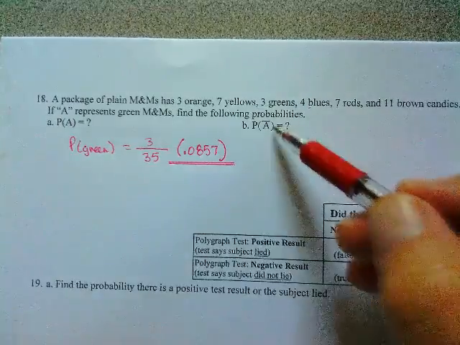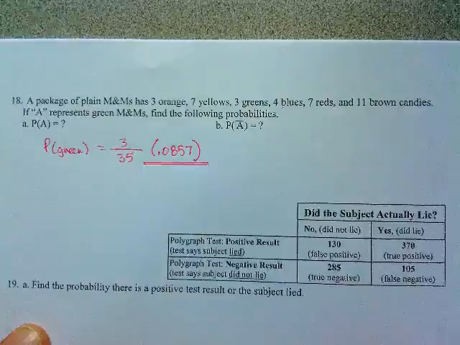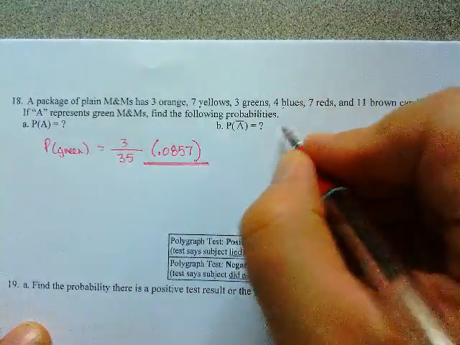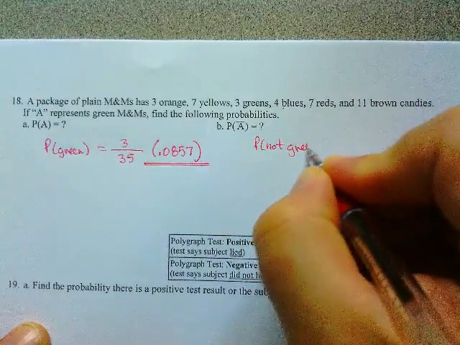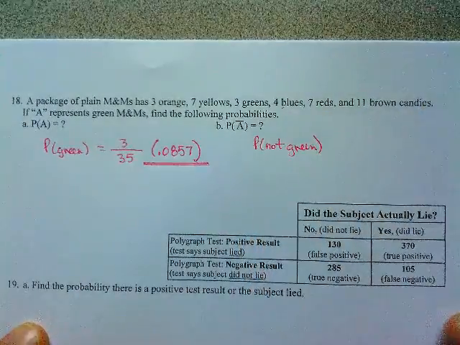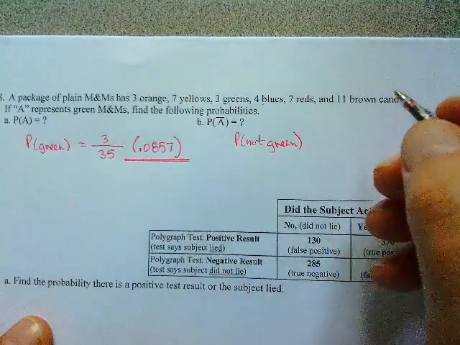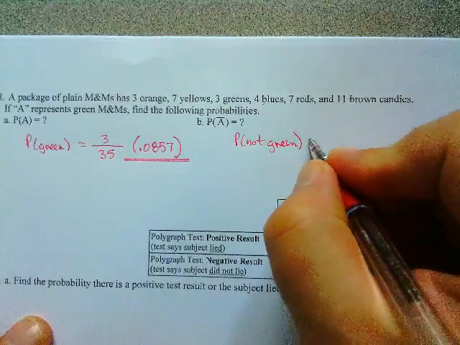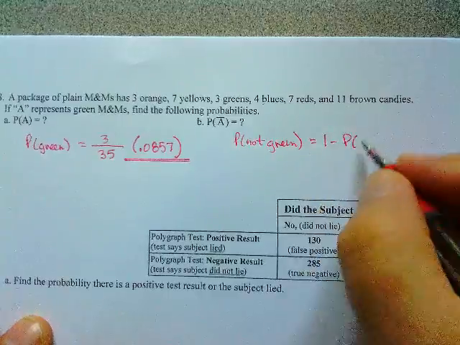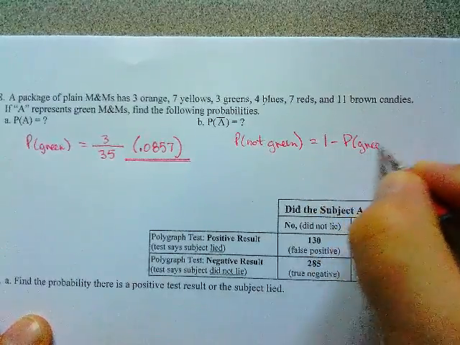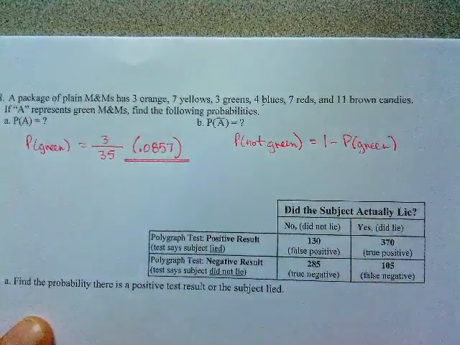Now, that little line on top means not A, and since A is green, we want the P for not green. We could do that the same way we did before. However, what we can simply say is it has to be the rest, the complement of what we've already found.